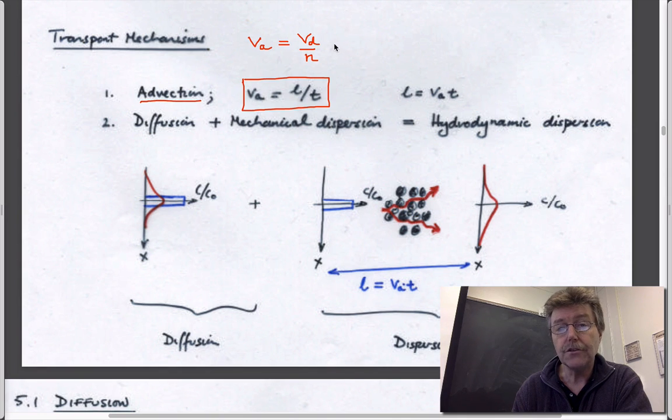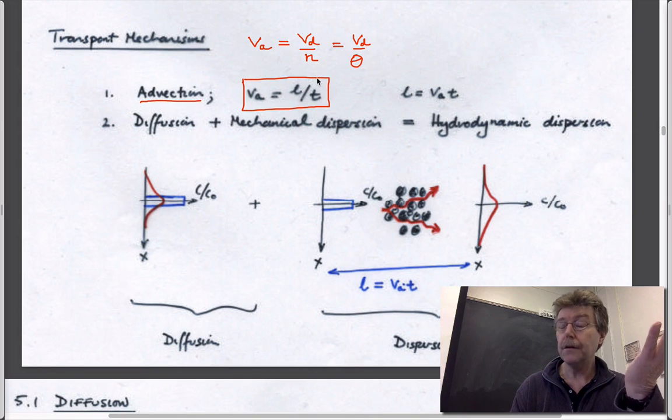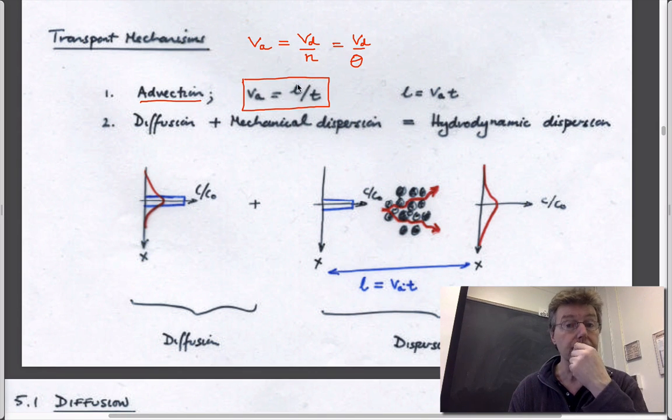Or if it's unsaturated, we can also write it as equal to the Darcy velocity divided by the volumetric moisture content. The pore space might not be 100% filled with water, for instance, and this is only transport typically within the water. And we know that the Darcy velocity is just given by Darcy's law.